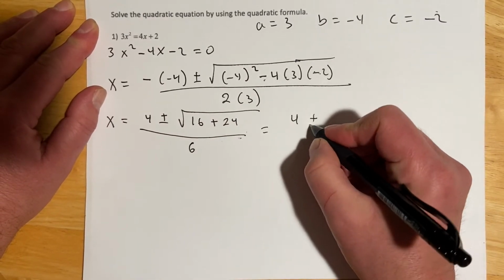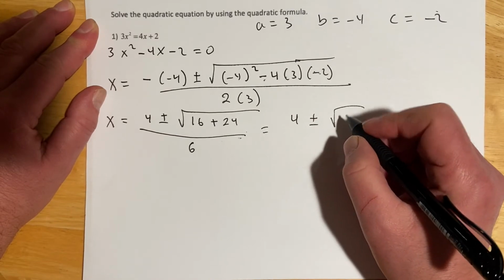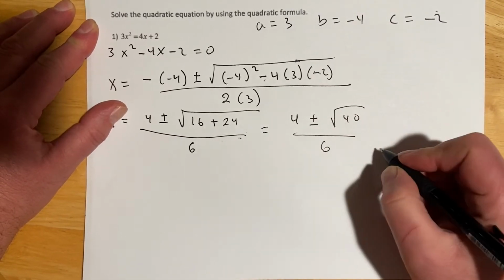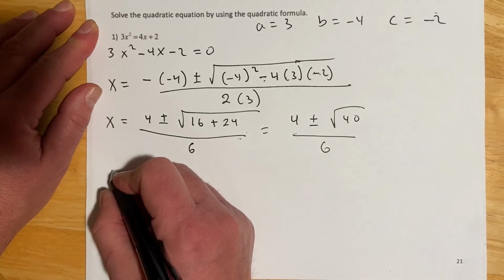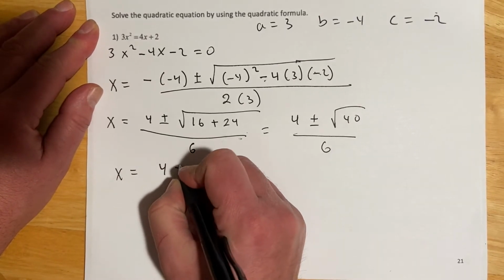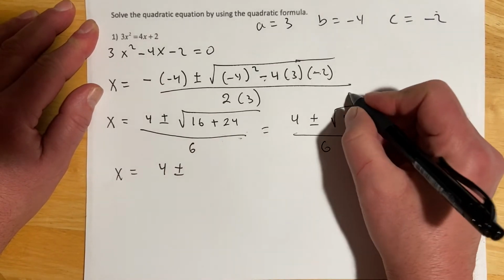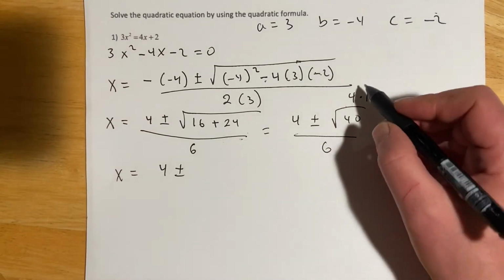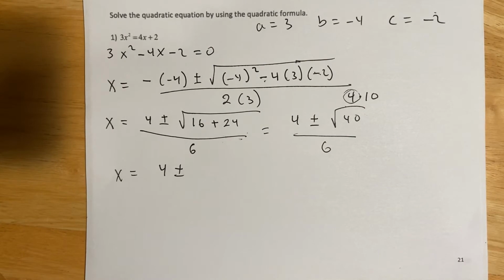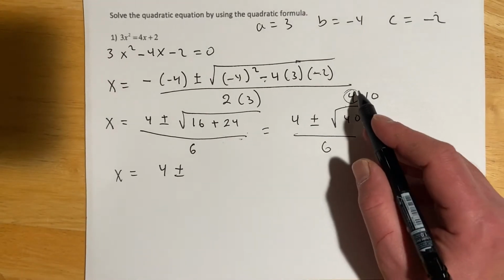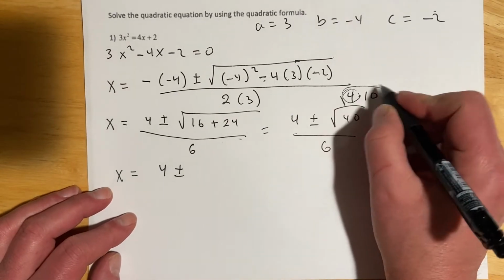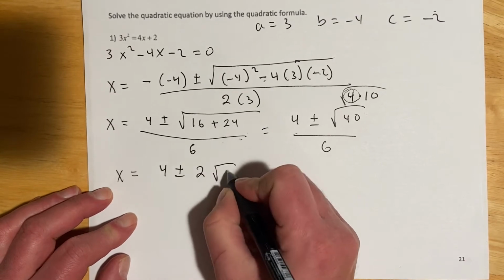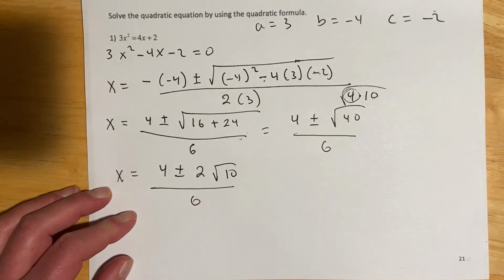And that makes 4 plus or minus the square root of 40 over 6. 40 is 4 times 10. It's lots of things, but I am picking 4 times 10 because 4 is my perfect square. So then I can take the square root of 4, that comes out as 2 root 10 over 6.